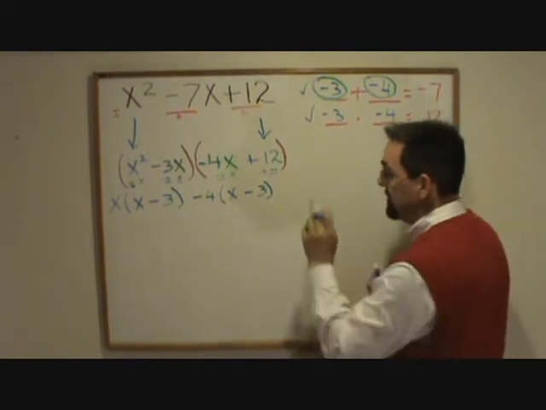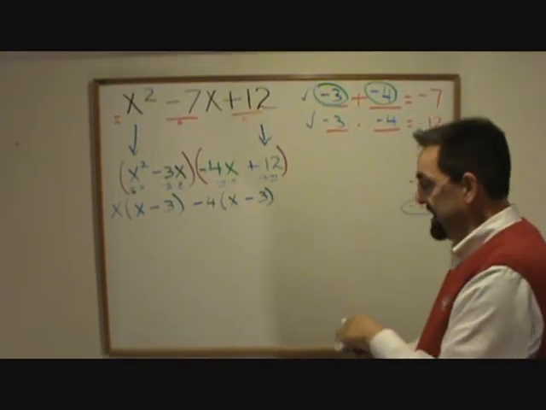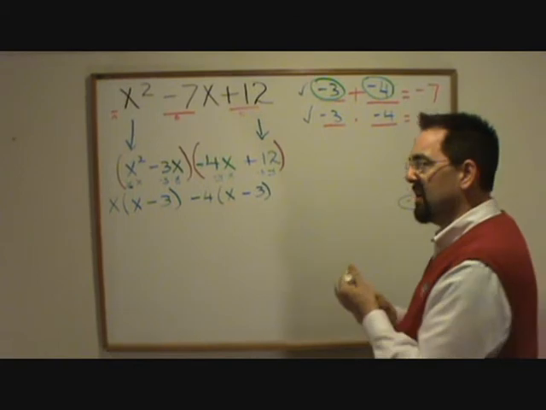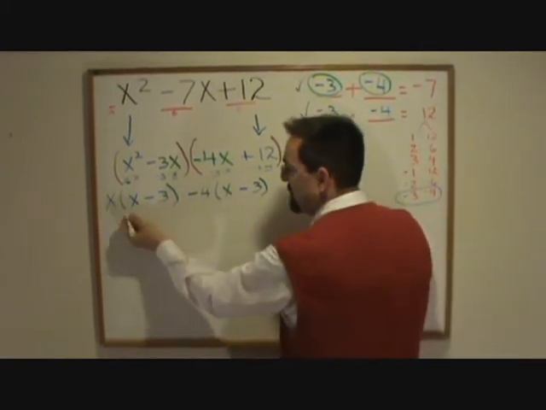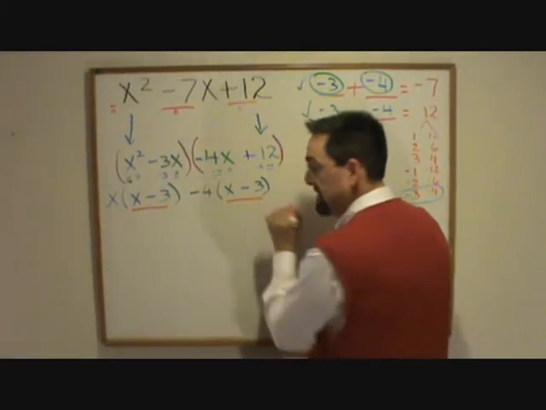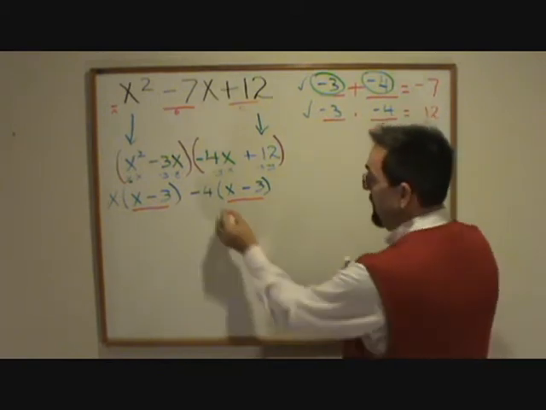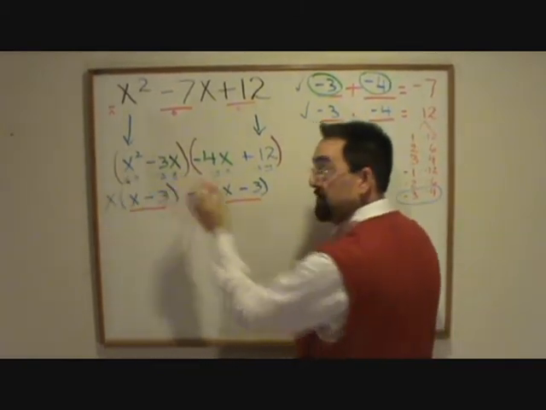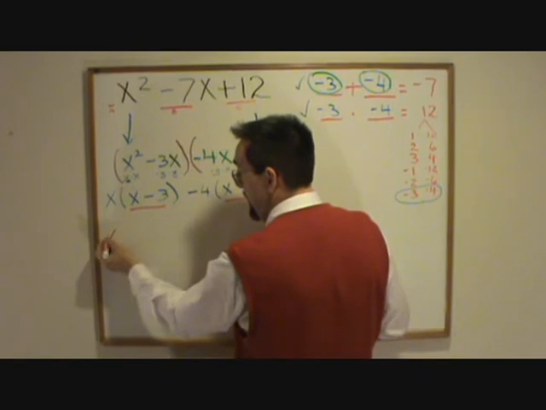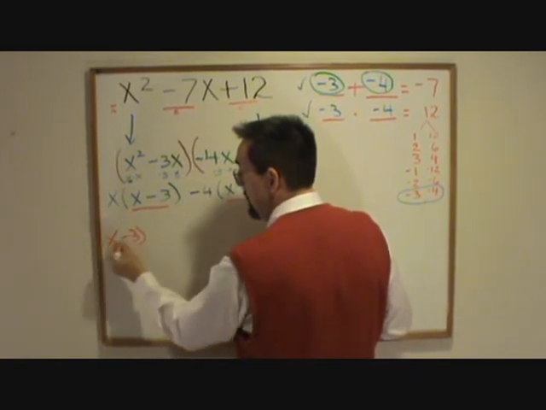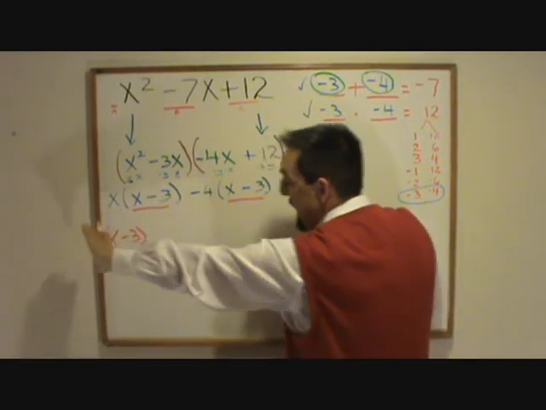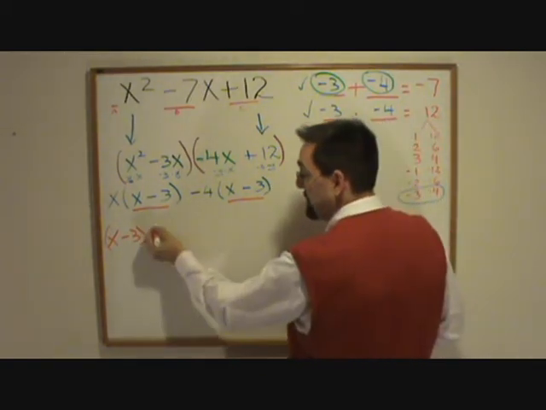Good. Now, if you remember what we did in the last one, we wanted to find the common. What can we factor out of this expression? Now, this is the hard part, I agree. But x minus 3 is common to both. Let's write that. X minus 3 is common to both. So we pulled that out. Now, what's left?